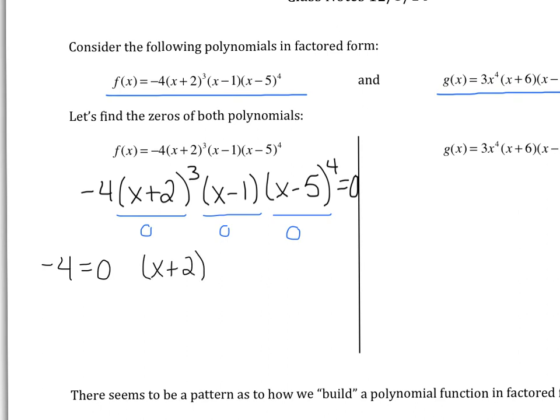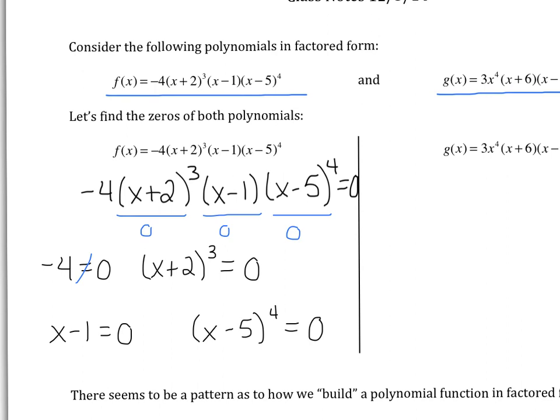(x + 2)^3 could equal 0. x - 1 could equal 0, or (x - 5)^4 could equal 0. So now, let's solve each of these. Looking at the first little mini equation, -4 equals 0. No, it doesn't. We ignore that. It never will.